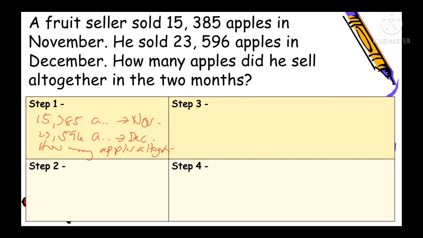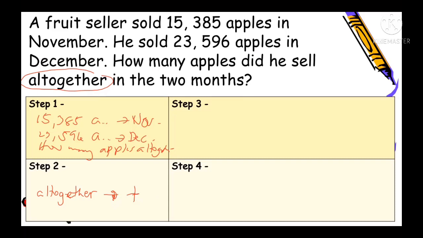Yes, very good. Our clue is altogether. And remember, altogether is part of plus or addition.